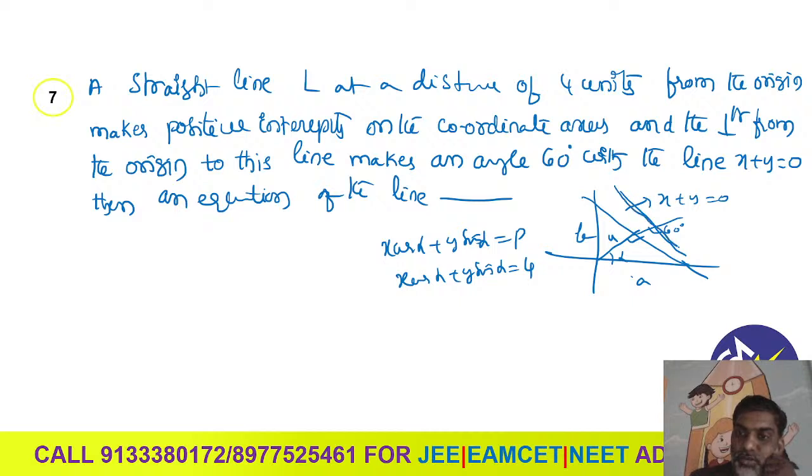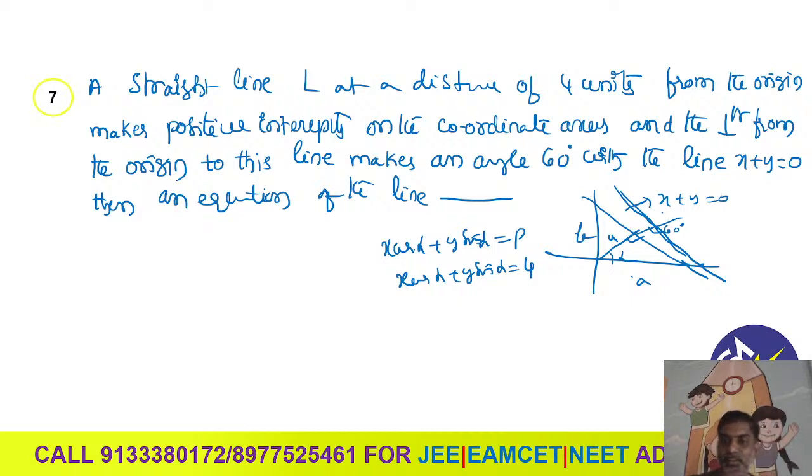This x plus y equal to 0 meets the x-axis at a point (0, 0). So it is making an angle of 60 degrees with that line. Then what do we have to get here? We have to get this alpha. This x plus y equals 0 also passes through points like 2 comma minus 2.